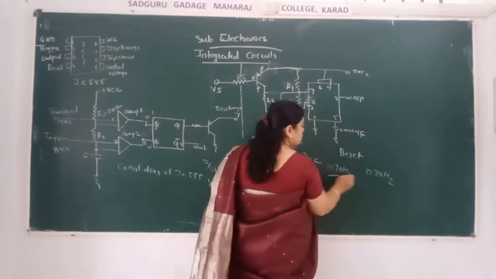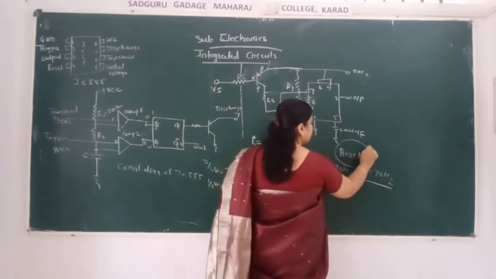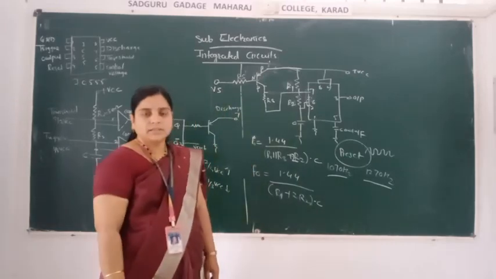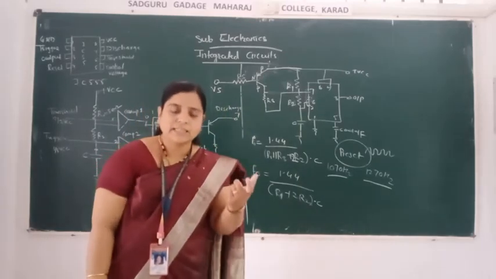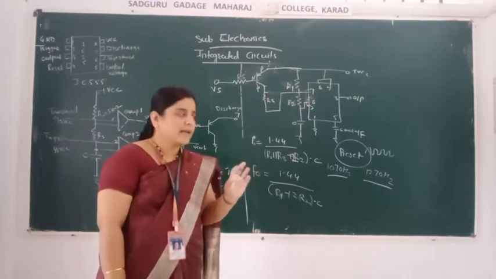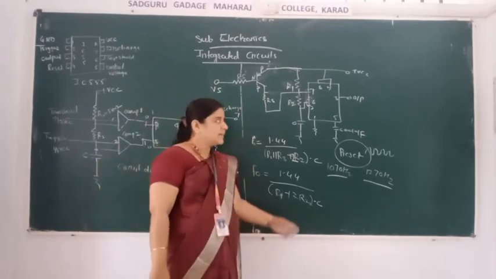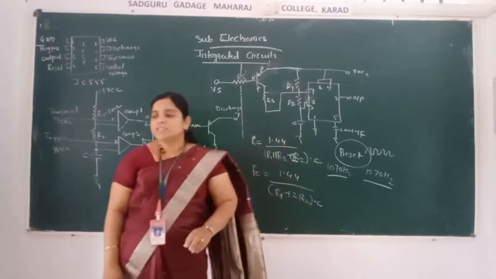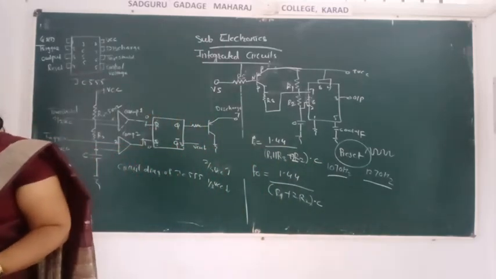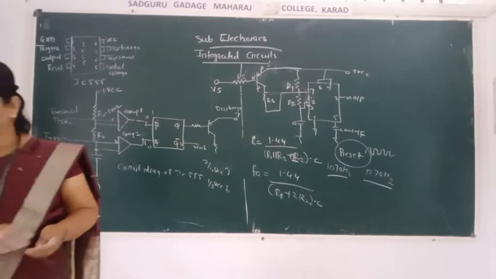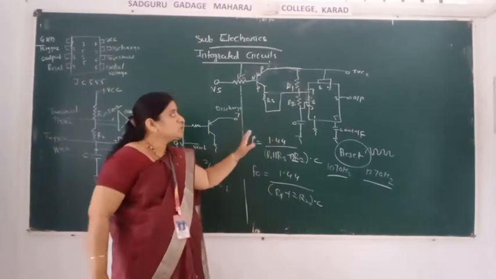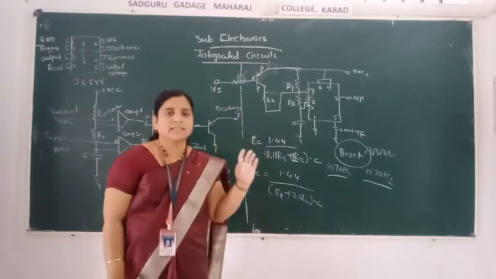One carrier frequency is set between the frequencies 1070 Hz and 1270 Hz. At that time the frequency will be shifted, and we will get these two formulas for this frequency shifting. This much was in this chapter, integrated circuits.